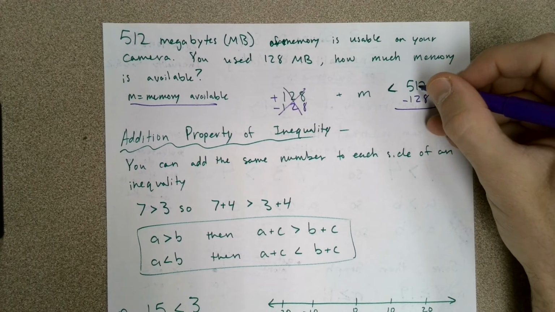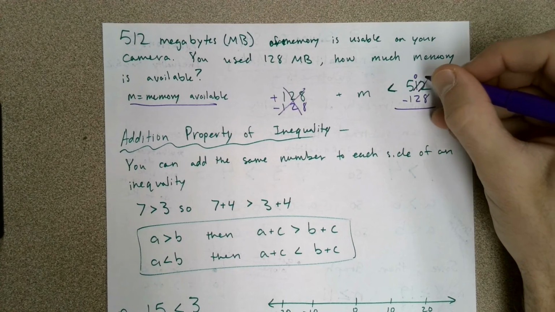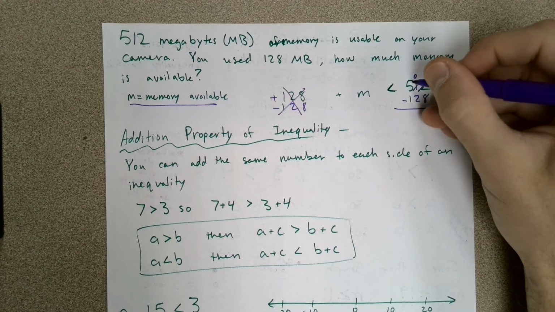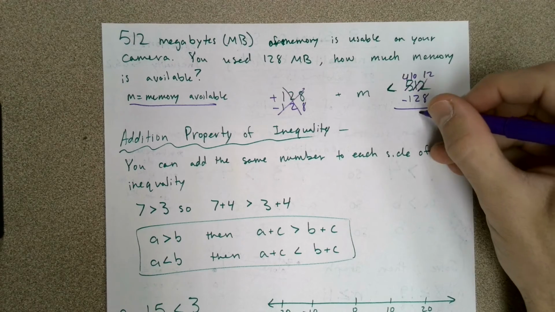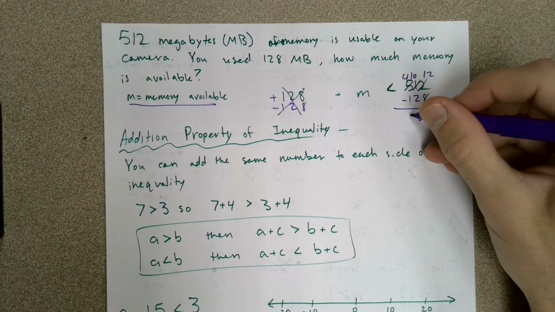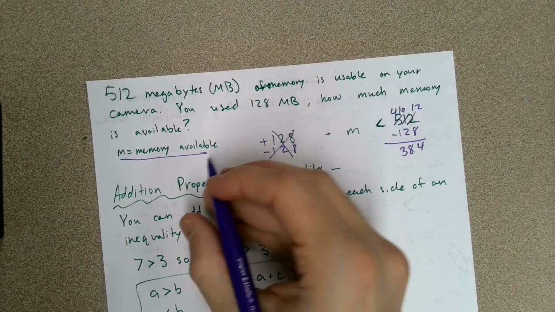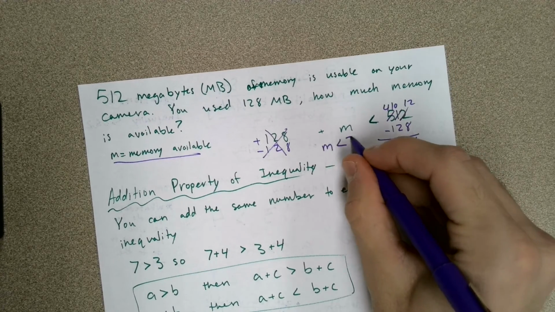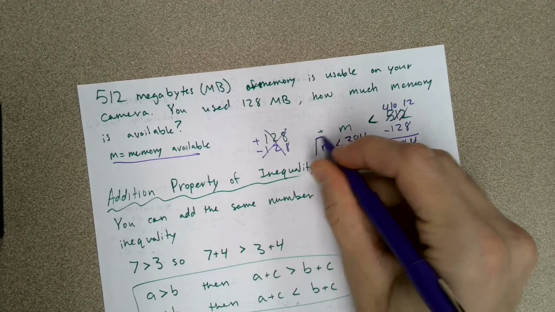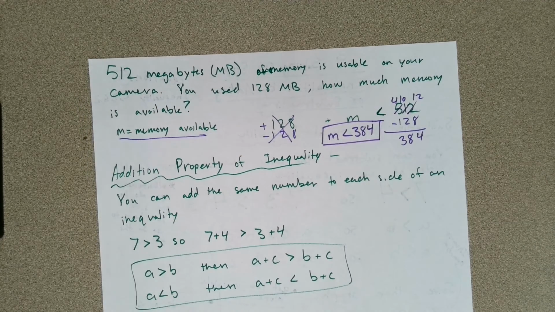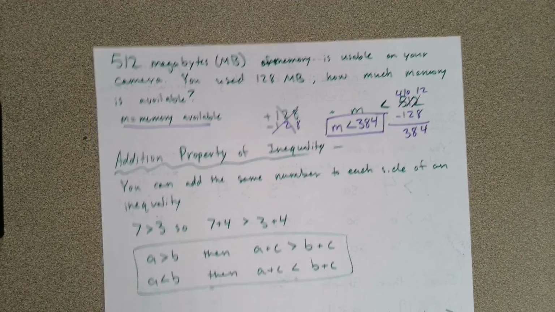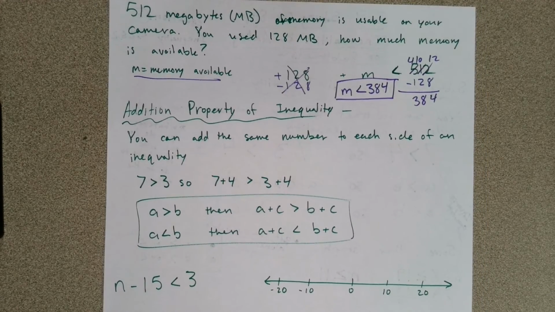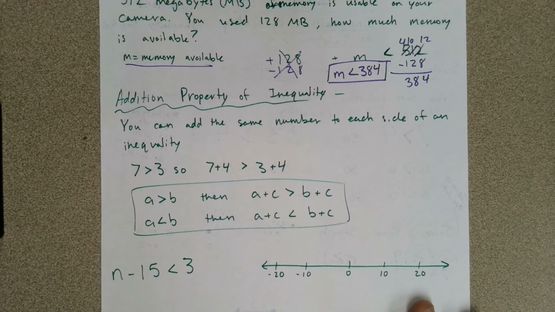Let's do some quick subtraction here. 512 minus 128 is 384. m is less than 384. That's how much memory we have available. Little word problem for you there. A lot of times I like to write out those numbers, use those strategies that help you best for those. Talk out loud.